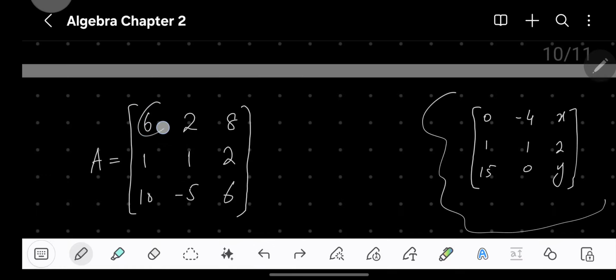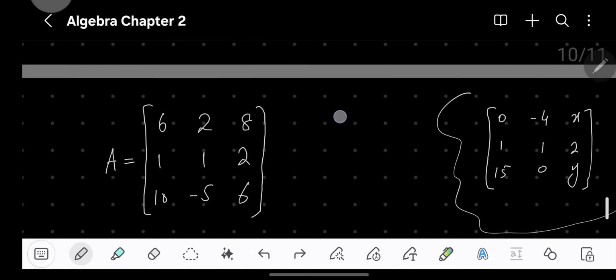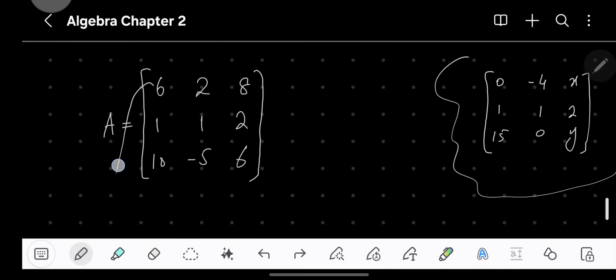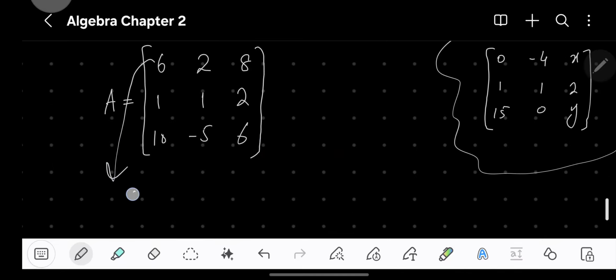How can I make it 0? It's very easy. This one is 6 minus some number times this number. What should I put here? You can easily guess, if I put 6, then I will get 0.